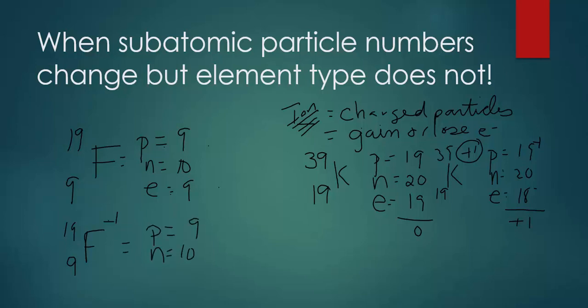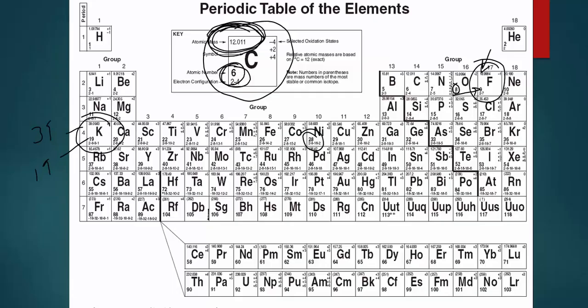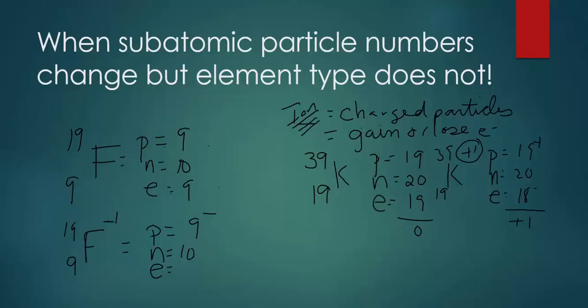Neutrons will be 10. But the electron number, since I have 9 protons and I have to come out with a -1, I better have 10 negatives. So when you have a negative ion, you're gaining electrons. When you have a positive ion, you are losing electrons.